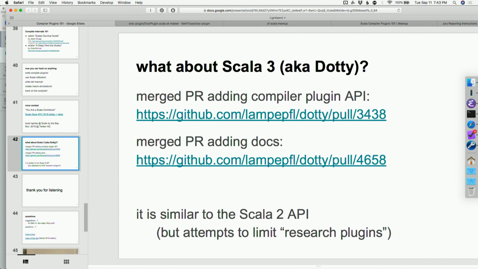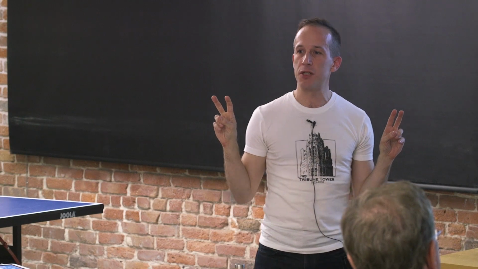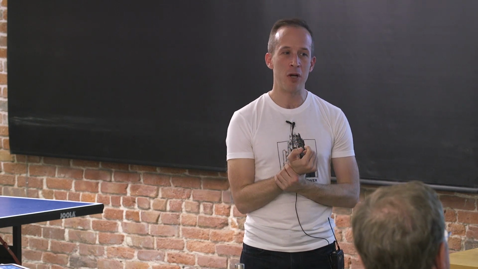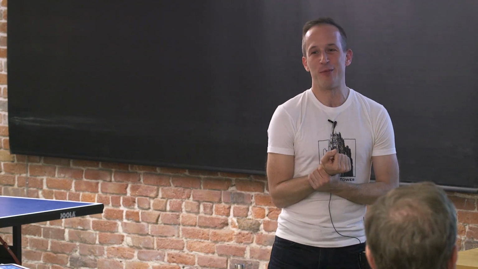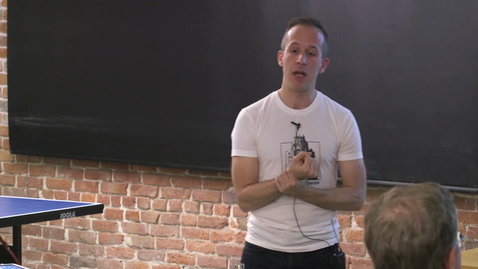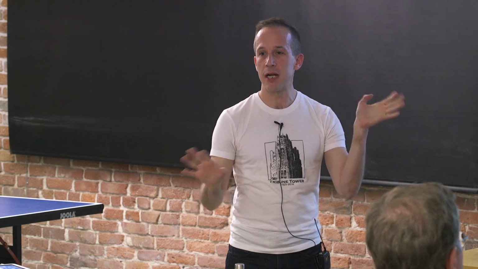One difference that I'm aware of is that Dotty has this concept of research plugins, which Martin is interested in discouraging people from essentially forking the language by having plugins that run early and change the syntax or the semantics.